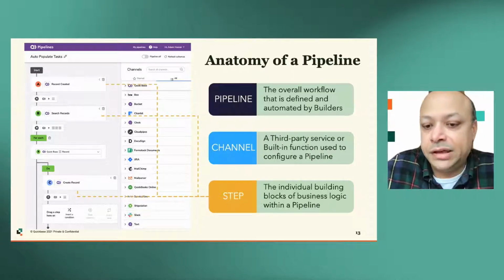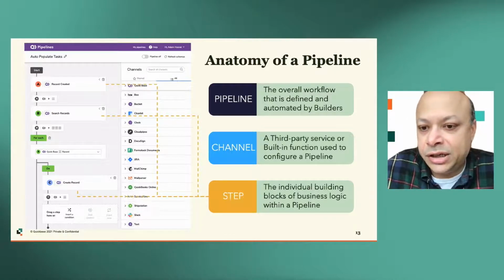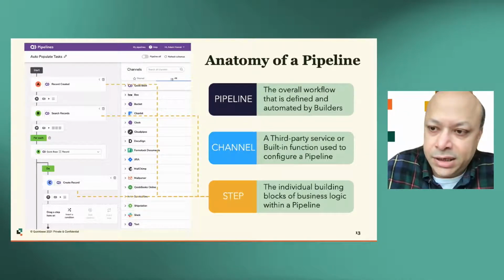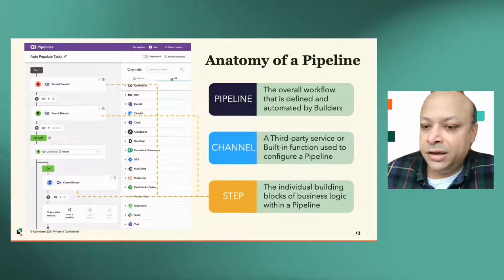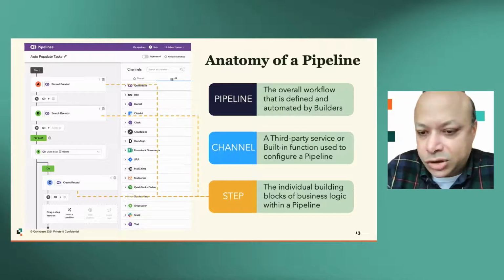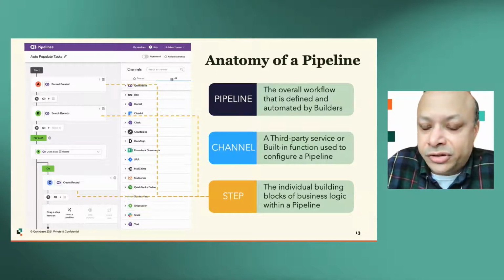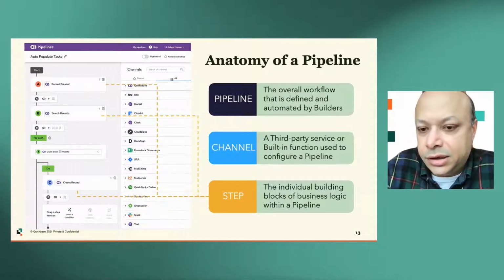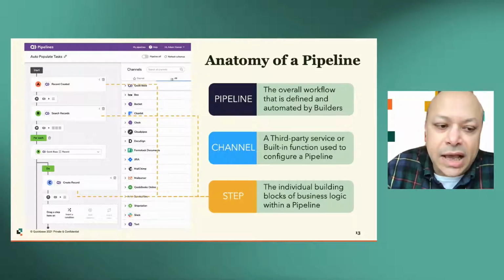And then the final step is that I'm going to send those records to a third-party system, which again could be another Quickbase app or the same Quickbase app, or it could be a system like Salesforce, QuickBooks, Google Docs, what have you. Those third-party endpoints, we call channels.